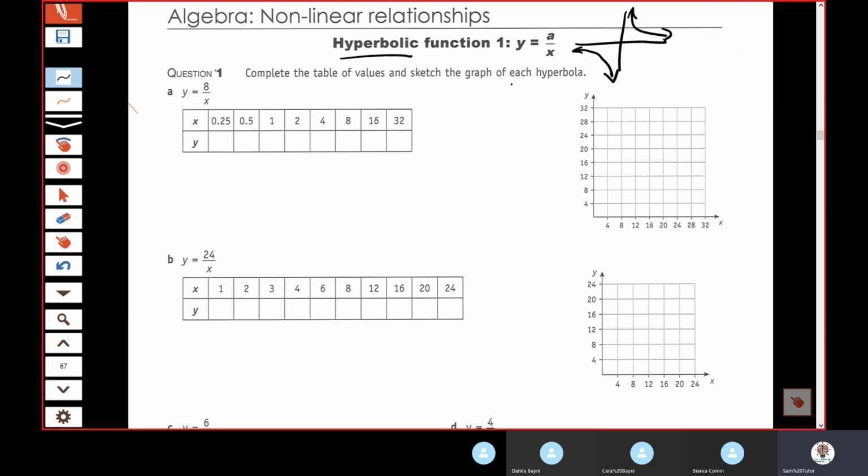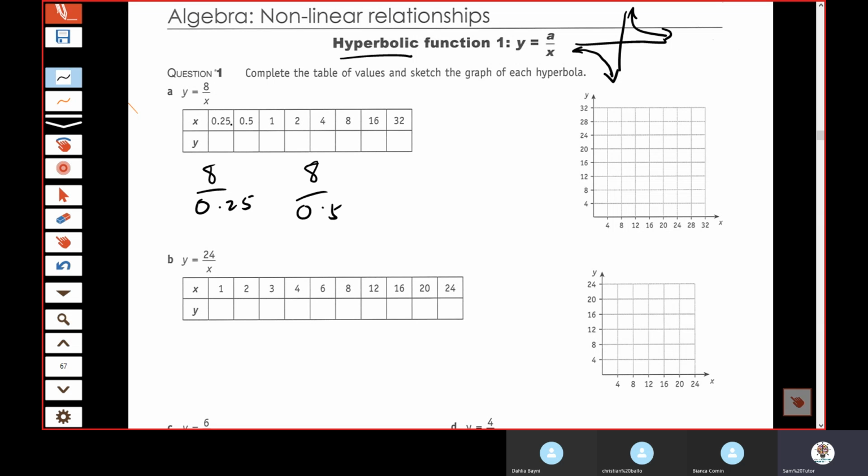Complete a table of values and sketch the graph of each hyperbola. So we have this particular function, 8 on x. Let's sub it in. You're going to just sub in x is 0.25. The first one, you sub it like this. The next one, you sub it like this.